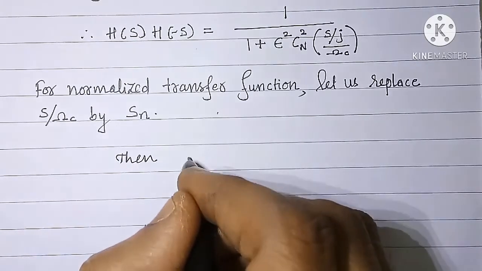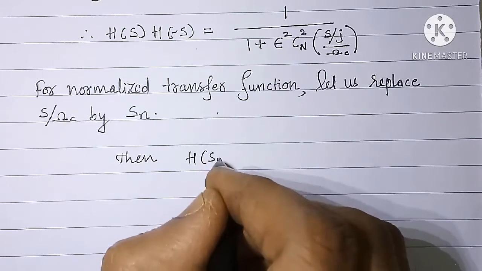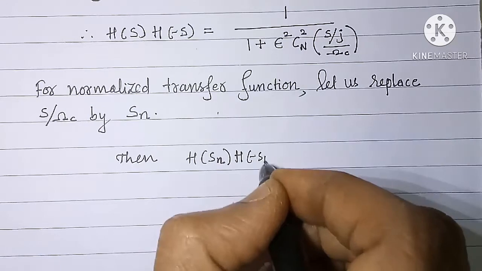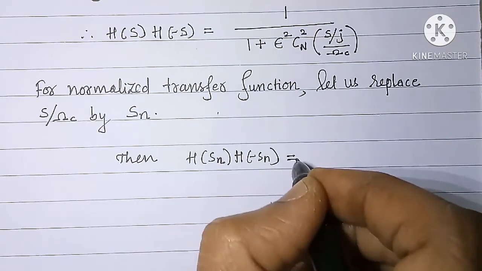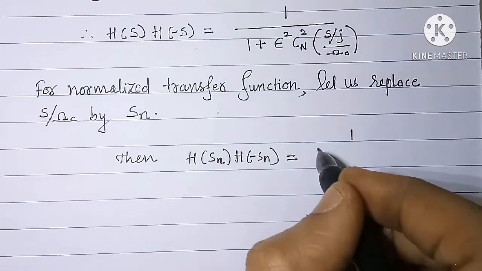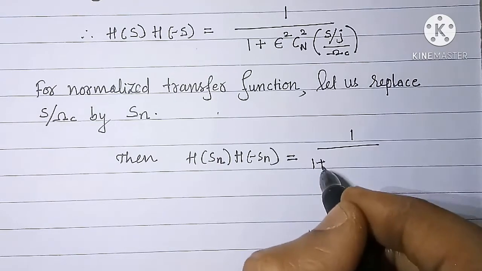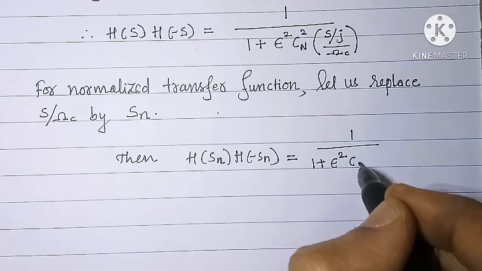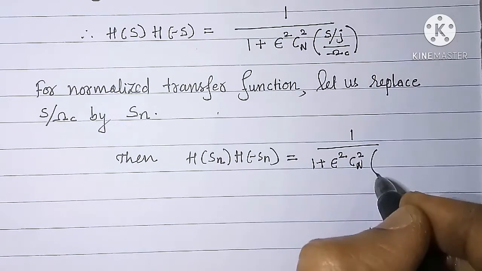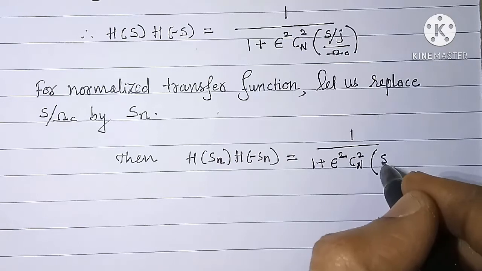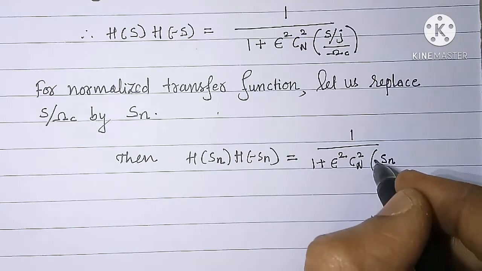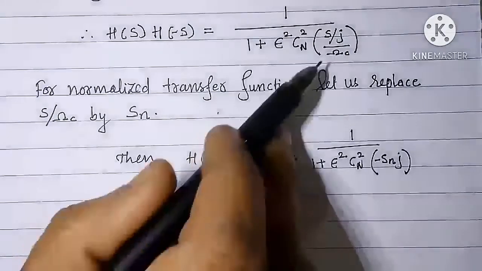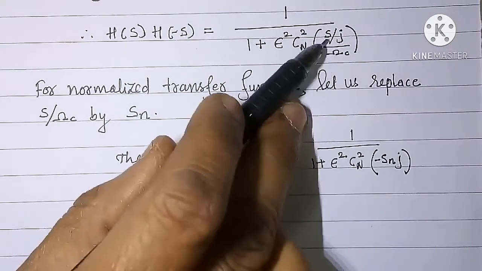Then H of Sn into H of minus Sn is equal to 1 upon 1 plus ε² Cn² Sn into minus j. If I take this j to the numerator, it will become minus j.